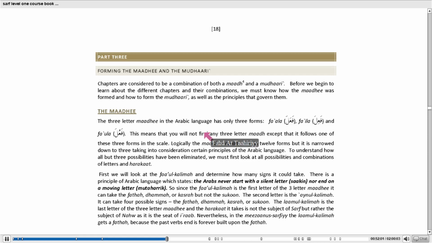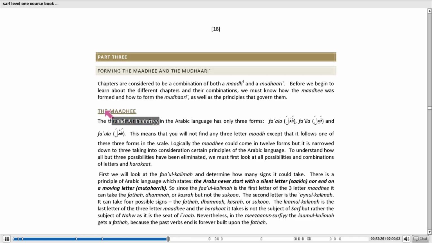You have to know what chapters are, because only then will you understand what mudari' should be for each madi.